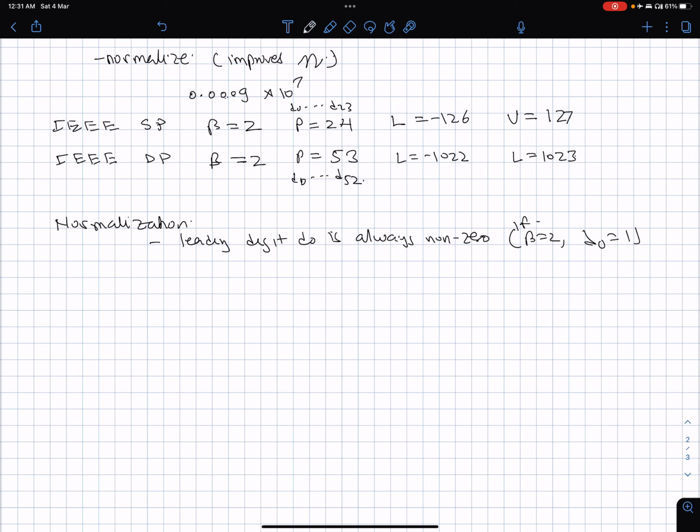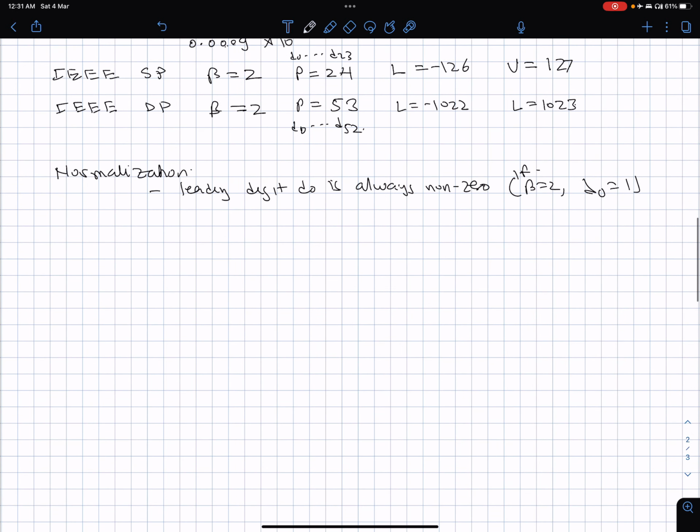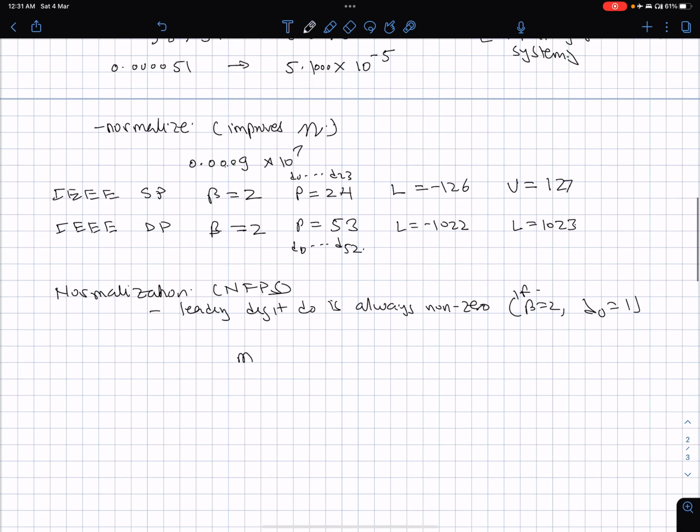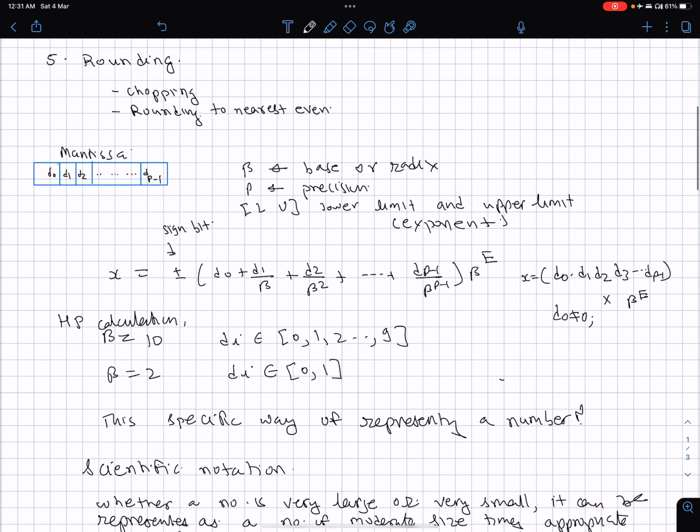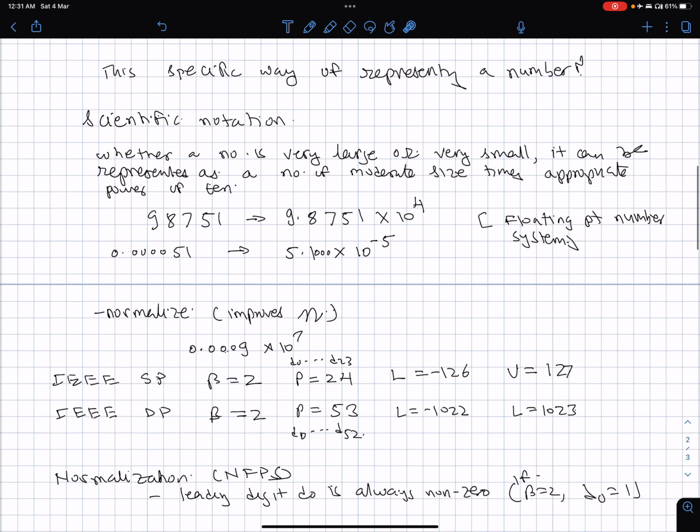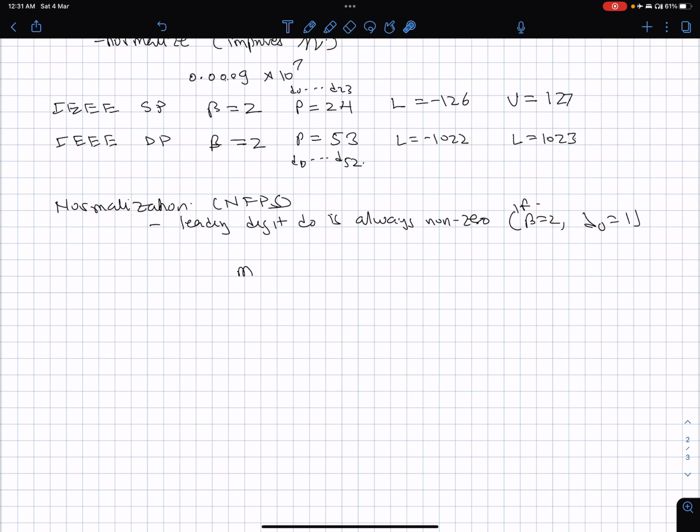Therefore, in such a normalized floating point system, the mantissa M, remember, this here is your mantissa, will have a value between 1 included and strictly less than beta.